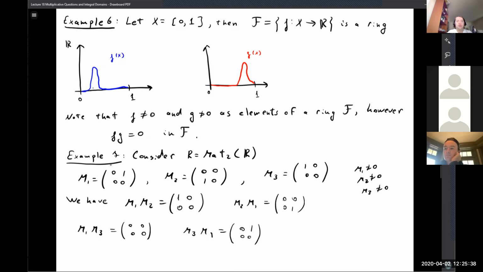So when the product of two nonzero elements is 0, we say that these elements are 0 divisors. And here you can note that left 0 divisors are not the same as right 0 divisors. So let me put this definition, and that will be our last definition for today.